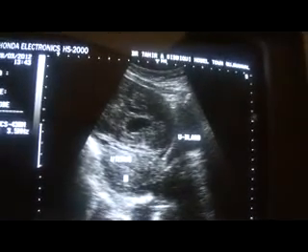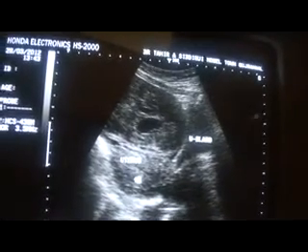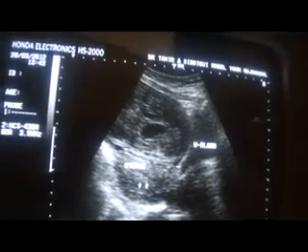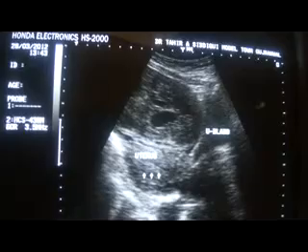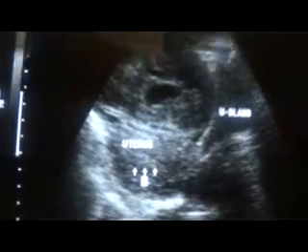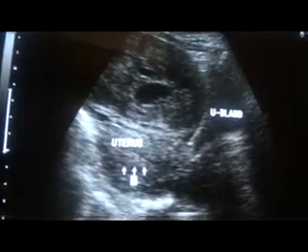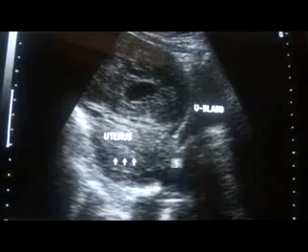At places it is bright, at places it is darker, again bright. So this is a mixed echogenicity mass with a cystic area having echogenic borders around it. This one, this area. This is a cystic area.